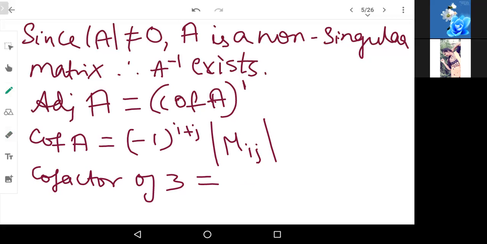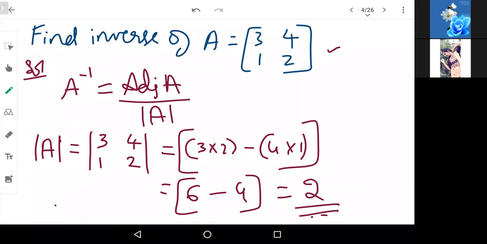The placement is first row, first column, so C11 is equal to minus 1 to the power of first row plus first column. What is the minor of 3? It's a 2 into 2 matrix, and we are finding the minor of 3.